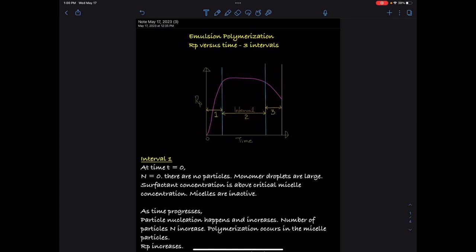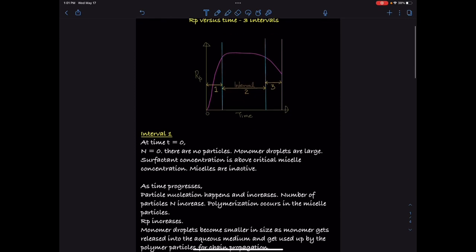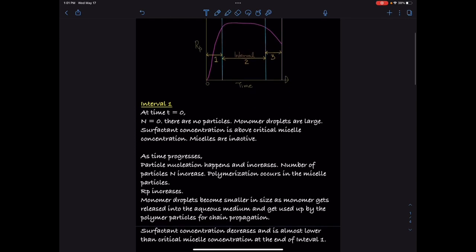Monomer droplets are large, and surfactant concentration is above critical micelle concentration. But the micelles are inactive. As time progresses, particle nucleation happens and the number of particles increases. Polymerization occurs in the micelle particles, and the rate of polymerization progressively increases.